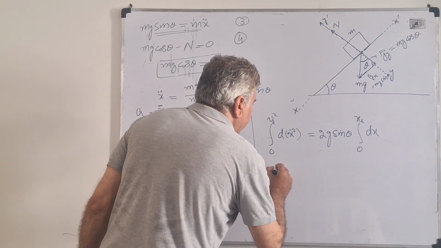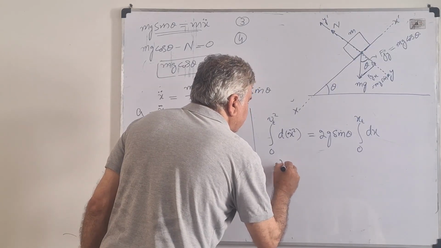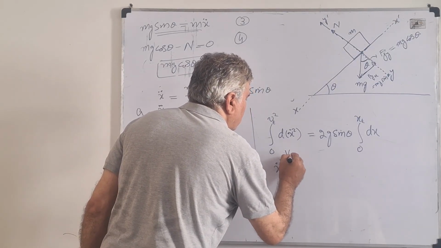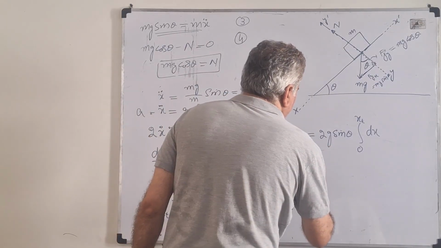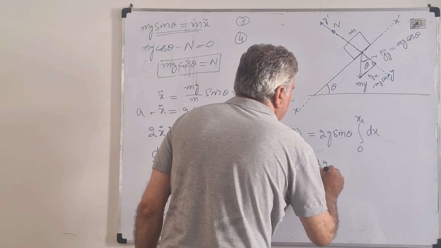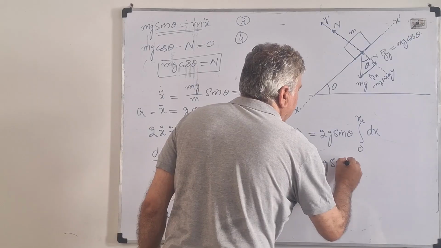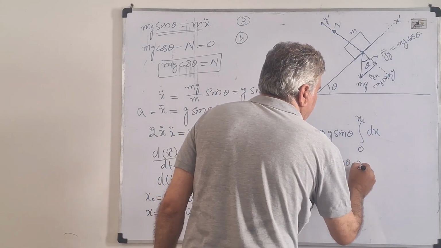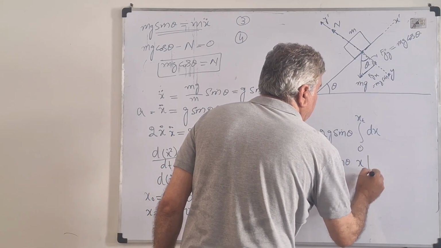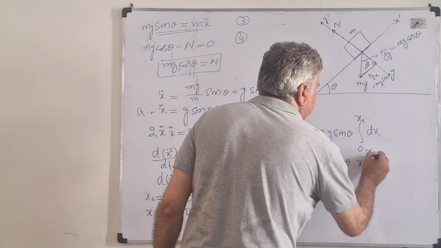This gives me x dot squared from 0 to v sub t squared equals 2g sine theta, and this gives me x with limit x equal to x sub t.